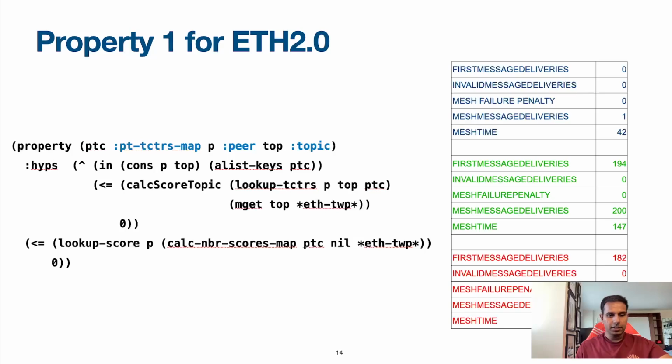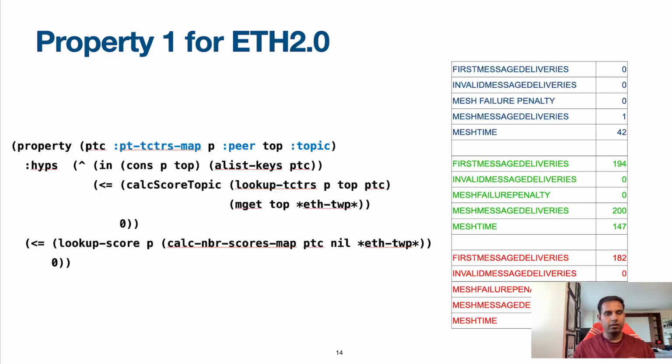On the right, we see counterexamples, values for the property shown, which suggests that there are topic counter values for which a non-positive topic score does not imply a non-positive overall score. Notice that the property we have here is a non-temporal version of property 1.